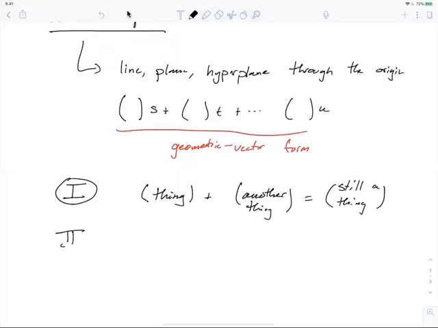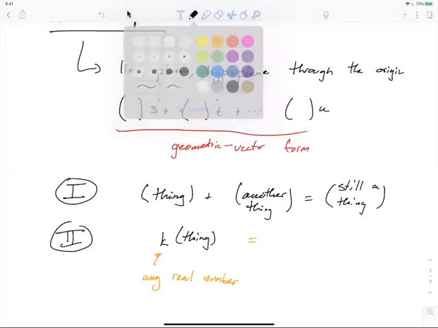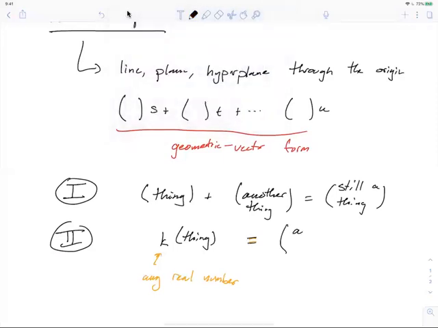And the second condition says that if you take a thing in your vector space, like a vector, and you multiply it by k, where k can be any real number, then in fact, you still get something that's still a thing. So these are the two important conditions.